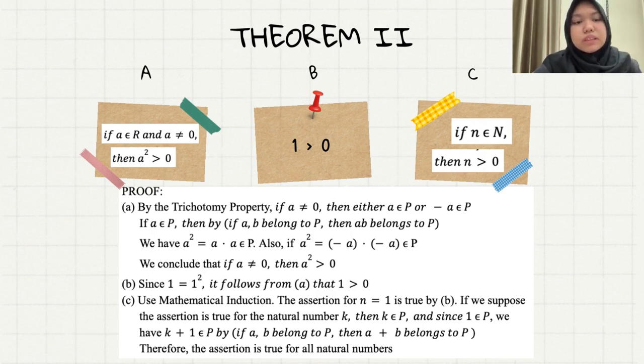And for the b proof, since 1 is equal to 1 squared, it follows from the proof of a that 1 is more than 0.